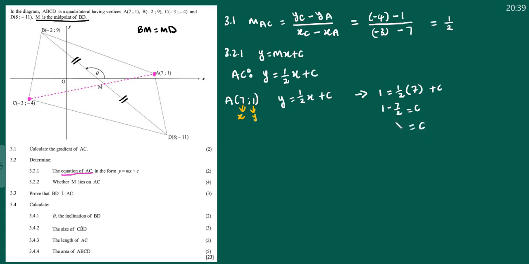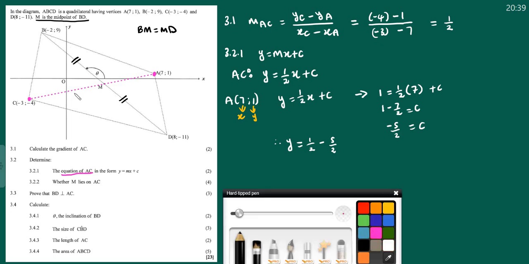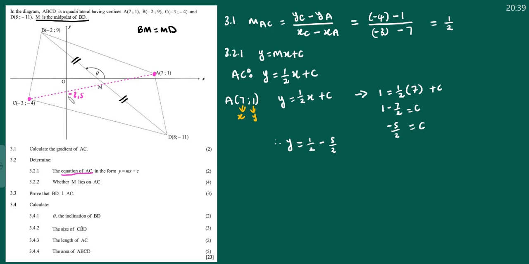That means c is 2 over 2 minus 7 over 2, which is minus 5 over 2. Therefore the equation of AC is y equals half x minus 5 over 2. 5 over 2 is -2,5, which makes sense because around here it is -2,5 where x is 0, because it's the y-intercept.